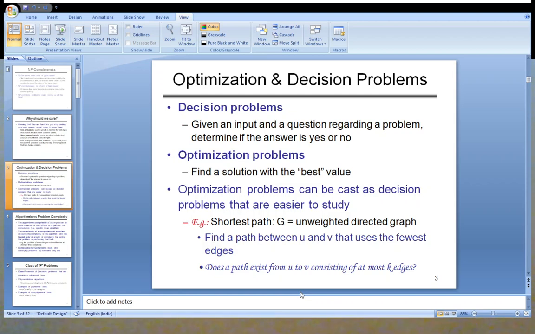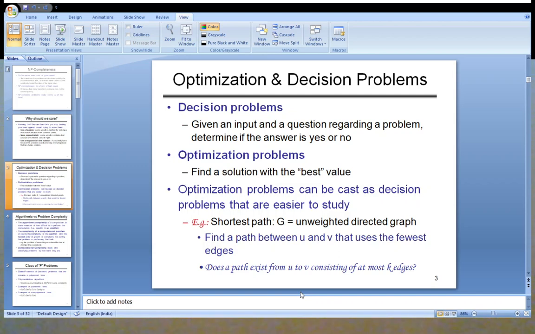So in two broad categories, one type of problem that comes under NP problems is the decision problem, and another is the optimization problem, with which you are well familiar, like finding the shortest path in a graph.